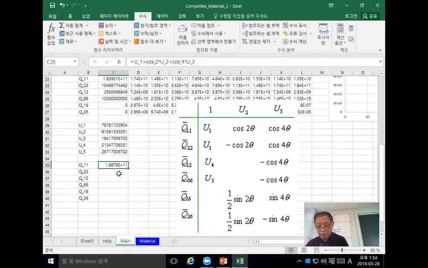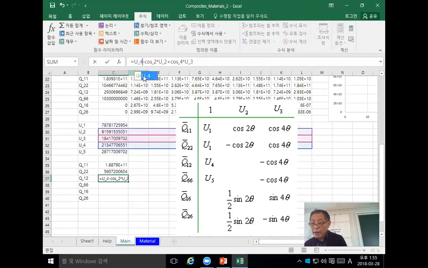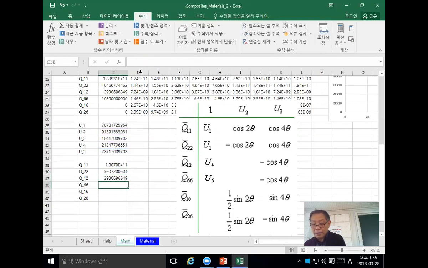Let's complete these terms. Q1 to Q2 to U1, and the difference is minus here. And copy this one. Q1 to this one is the U4 and no terms for this. And here is the minus. And now Q66 and U5 and minus, okay.